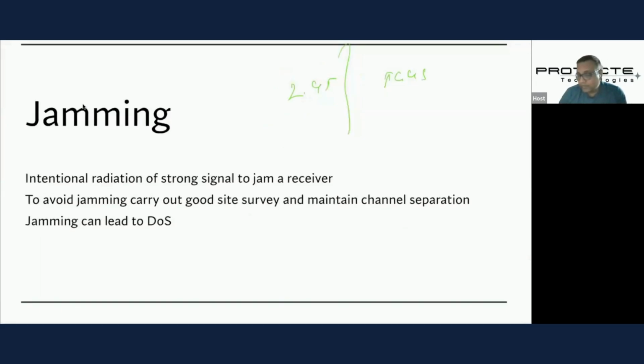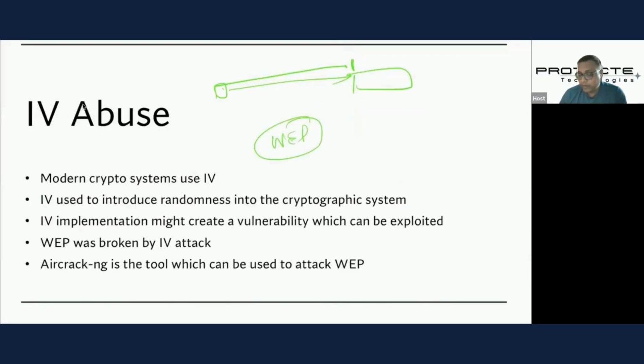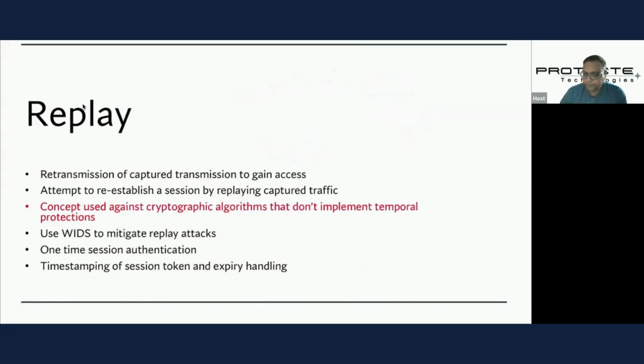IV, as you know, is the first random number which is used to carry out the initial encryption. Now, if I am able to crack this IV, then my entire session can be cracked. WEP was broken using IV attacks. Okay, Aircrack-ng is a very famous tool for attacking WEP hotspots, but these days there are no WEP hotspots.